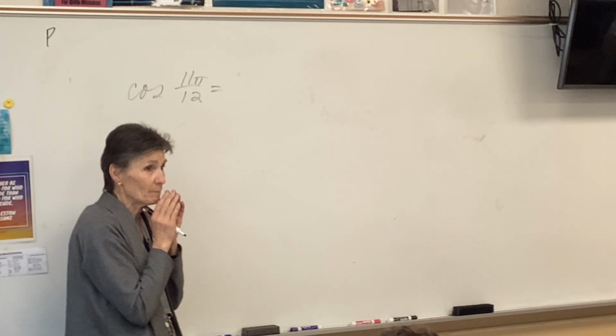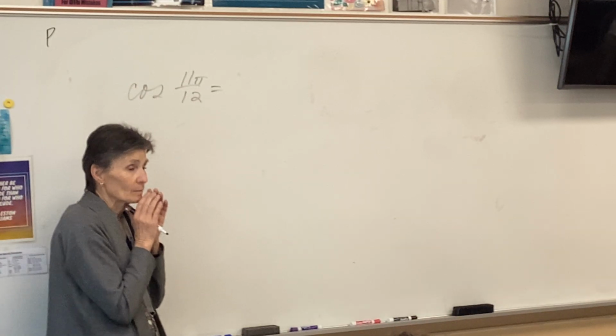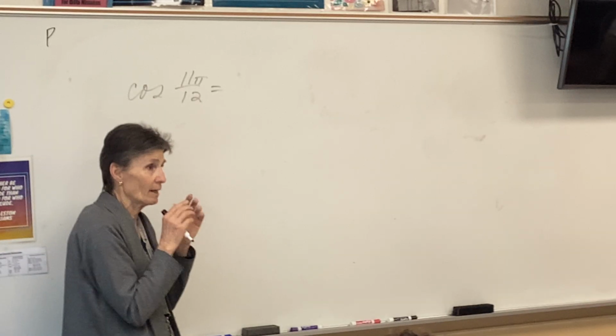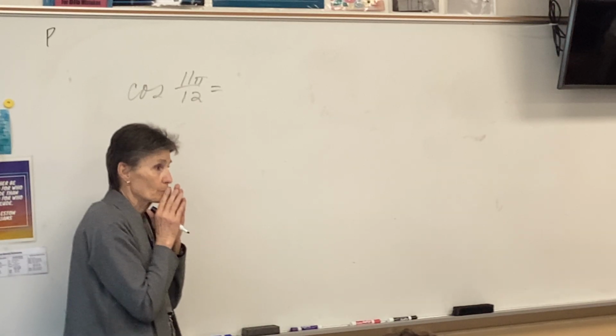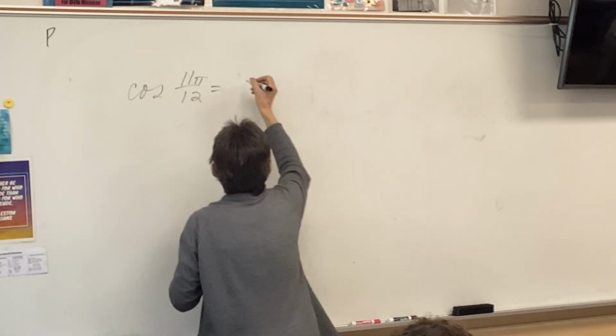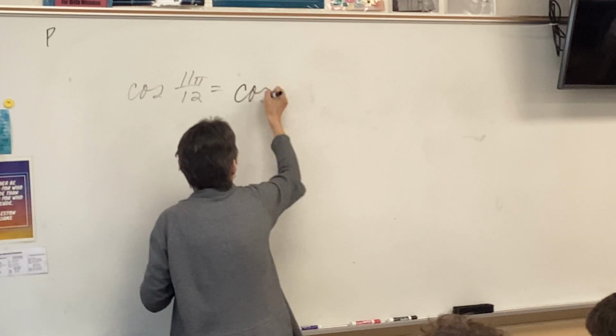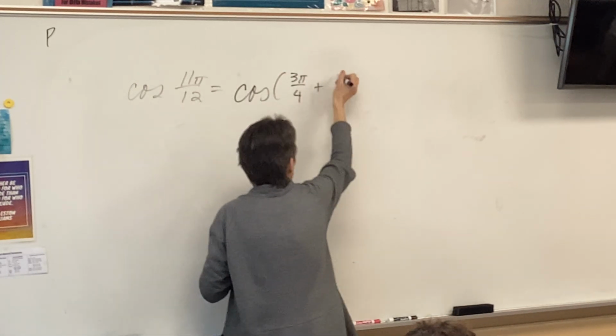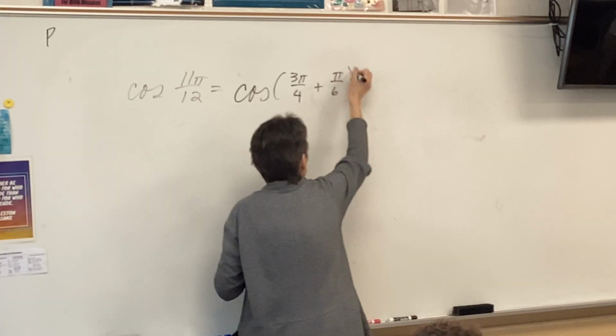Come on now, you're smart people, you can figure this out. You want 2 fractions that add up to 11 twelfths. So Patrick says 3 pi over 4 and pi over 6. Let's check it out.